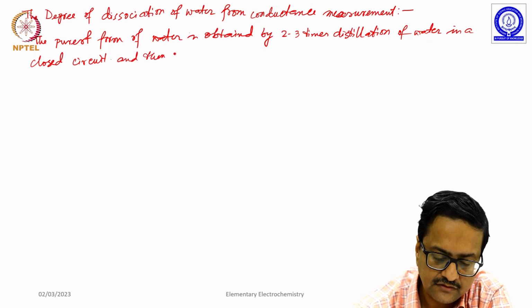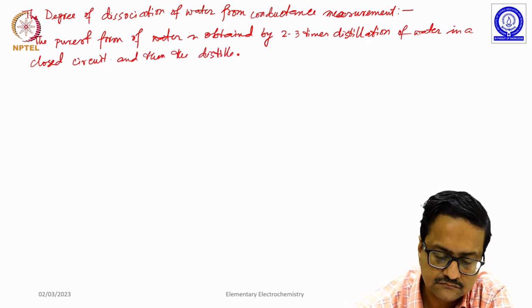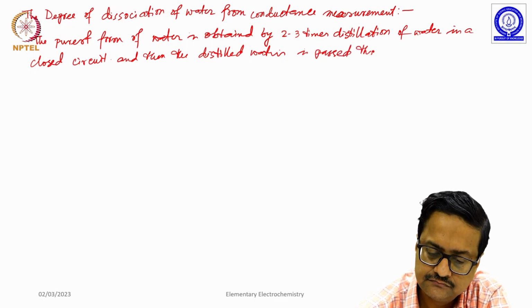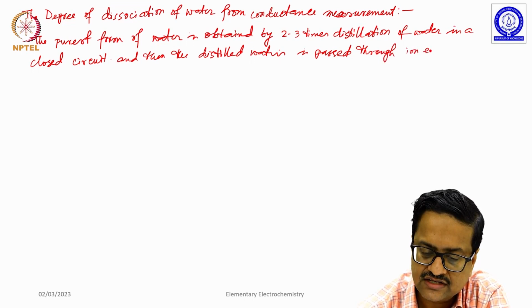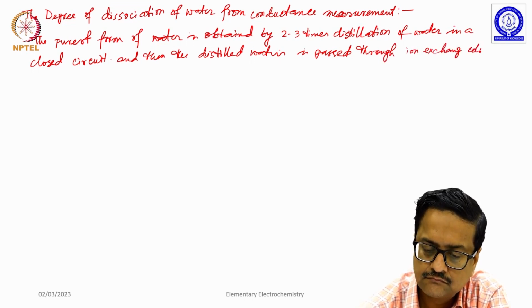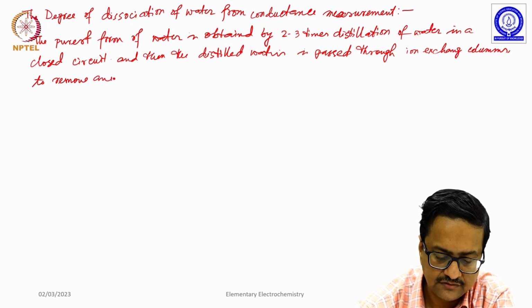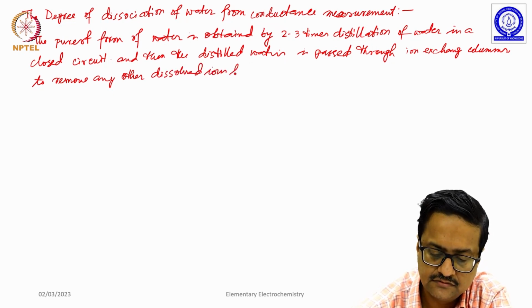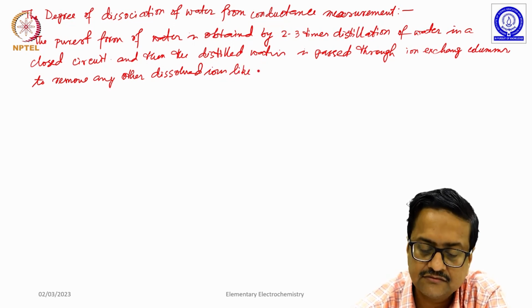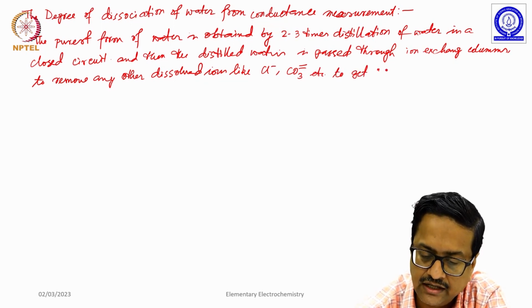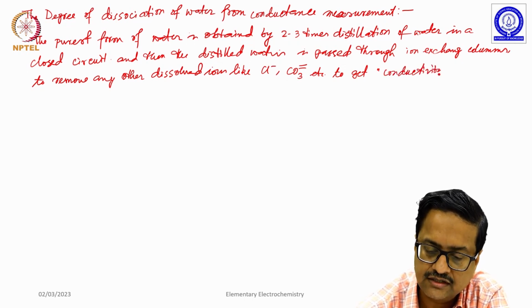and then the distilled water is passed through ion exchange columns to remove any other dissolved ions, like sometimes you may still have dissolved chloride, carbonate, etc., to get something called conductivity water.